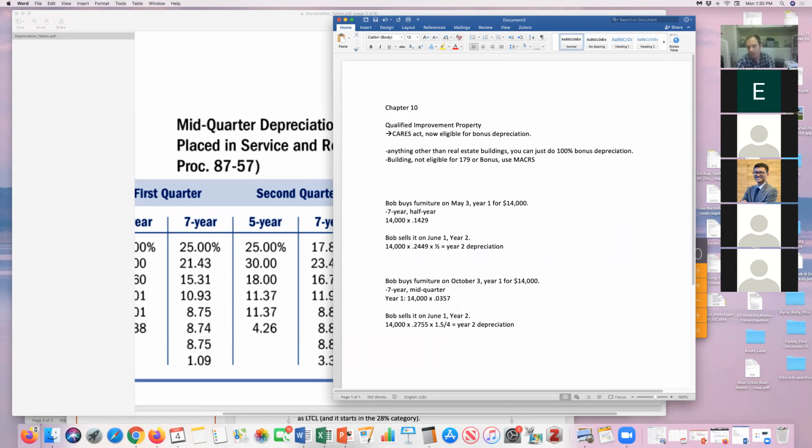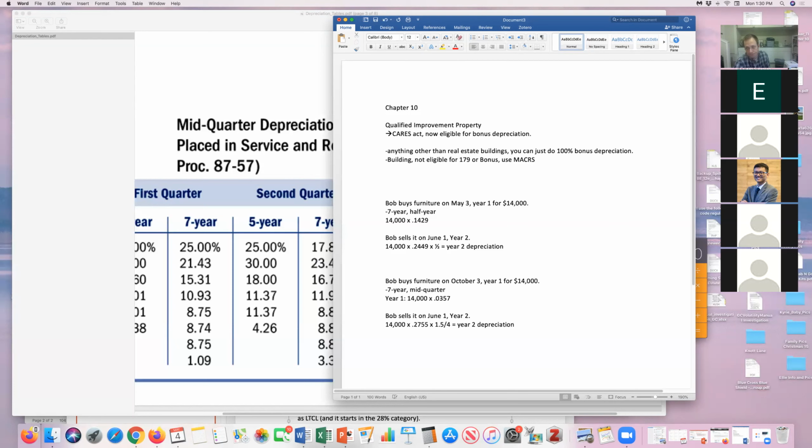Once again, that's just what I would do if the problem asked what his depreciation would be ignoring 179 and bonus. If it didn't say to ignore 179 and bonus, Bob could have just deducted 14,000 in year 1 if he wanted to, using either 179 expense or bonus depreciation.